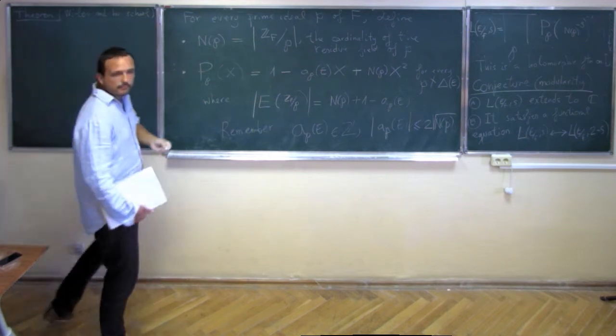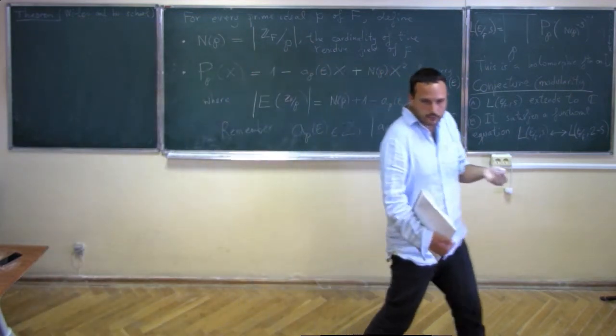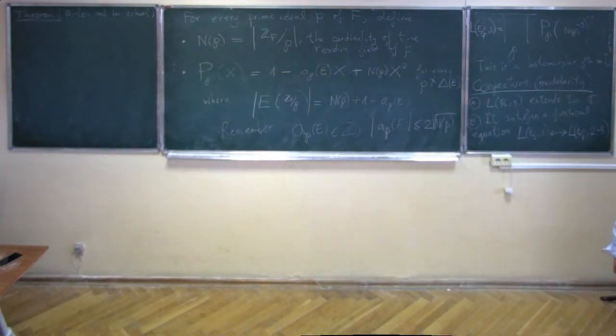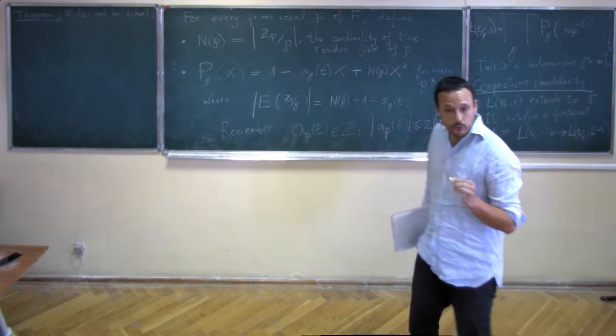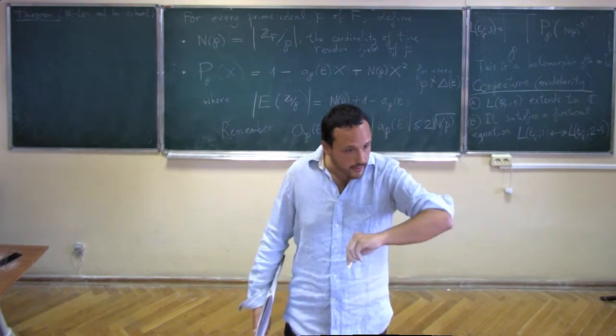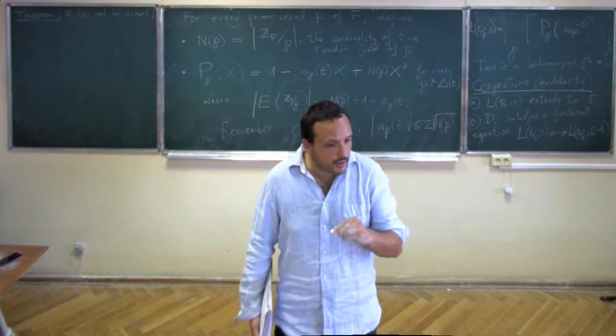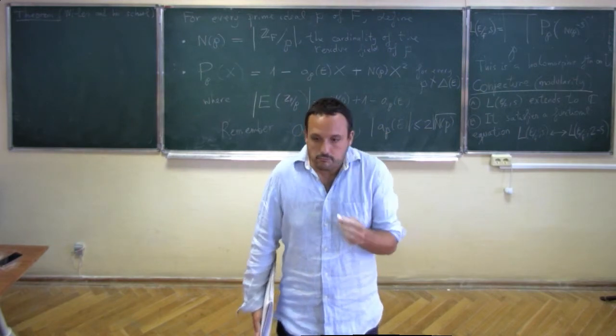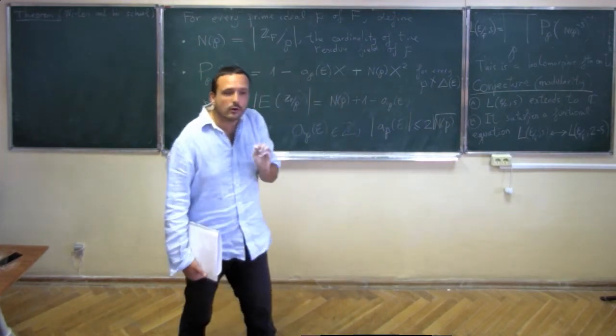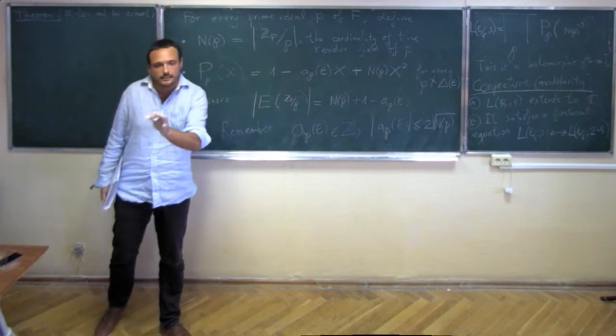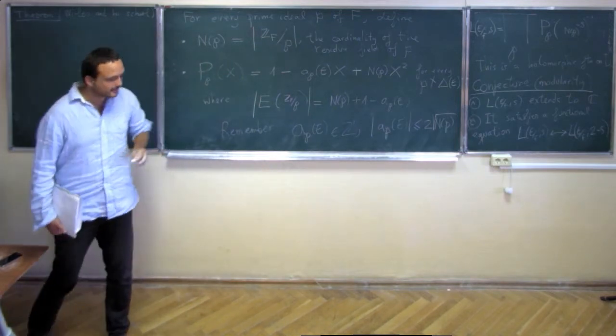There are many mathematicians who have contributed to this conjecture, and it's very difficult to say what the state of the art is because every day there is a new contribution, and every day people know a little bit more about this conjecture. So I will explain more or less what the state of the art is up to yesterday, so to say.